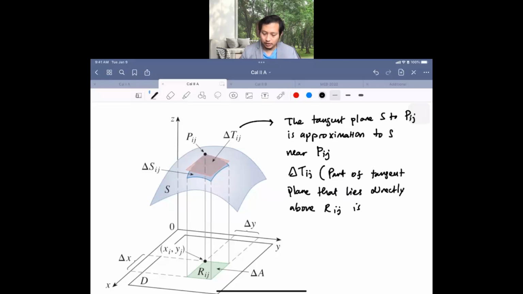It is an approximation to the total area of S.